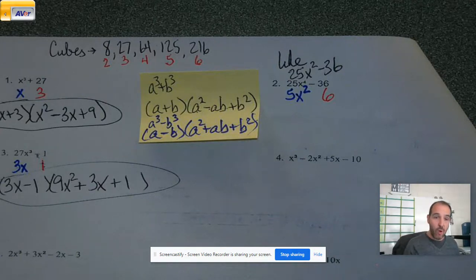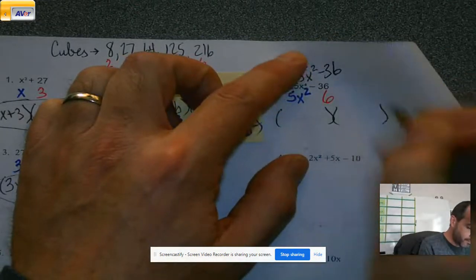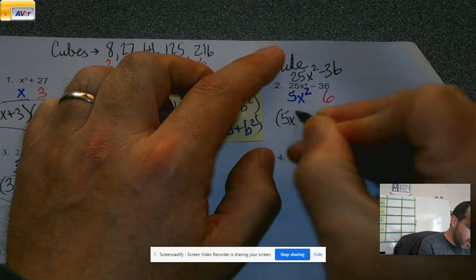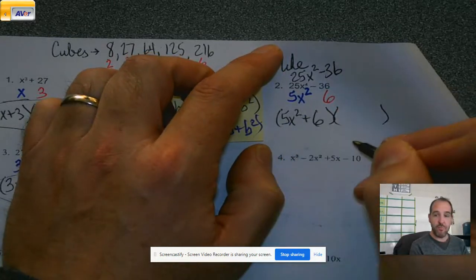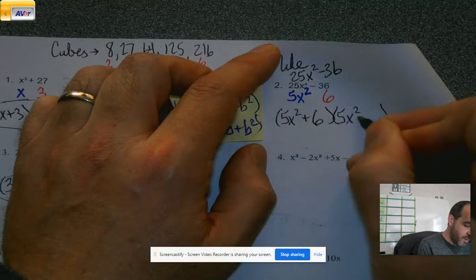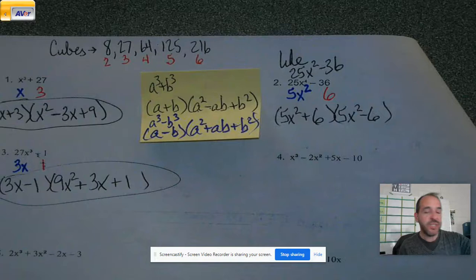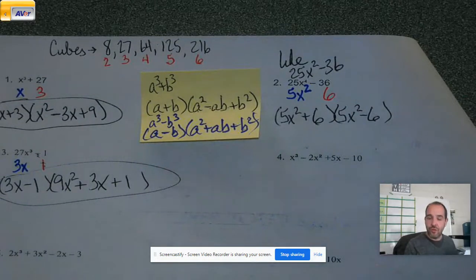Because now I do my difference of squares, which is first term plus second term, first term minus second term. And maybe, just maybe what I would do within my notes right now, I would hang on for a second.